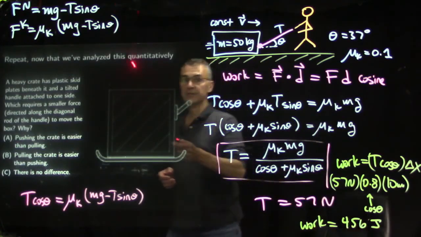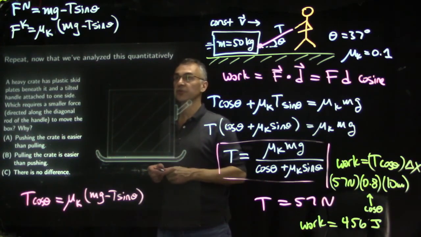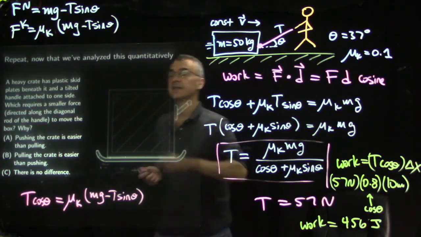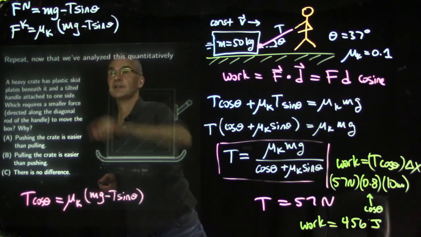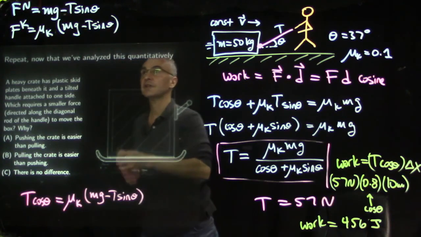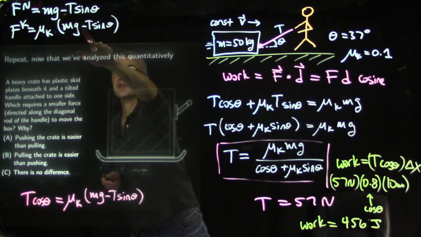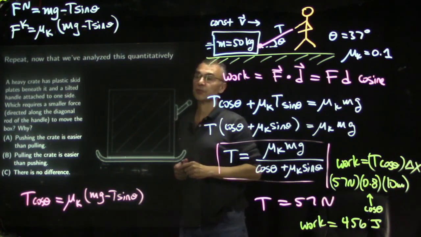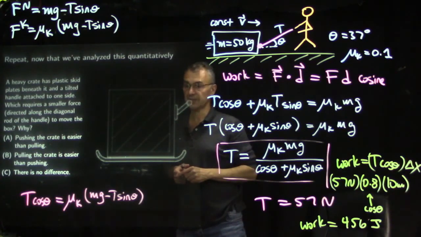Now if we return to this conceptual question, is it easier to push or to pull? Well, it turns out if we were pushing, then we would get a plus sign here, and we get a plus sign here. So pushing would mean that the force that we apply adds to the required normal force, which then adds to the frictional force, which then adds to how big a force we have to use to move the box.